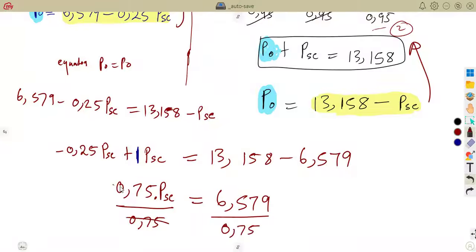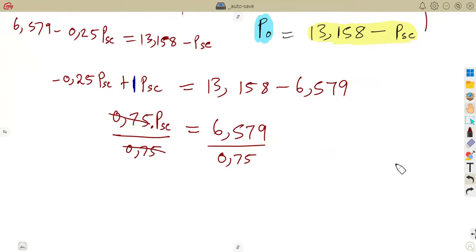So this cancels, and we have our short circuit, which is 6,579 divided by 0.75, and that is 8,772.